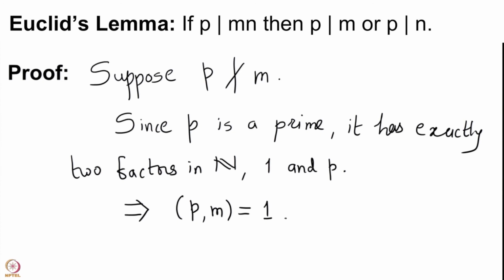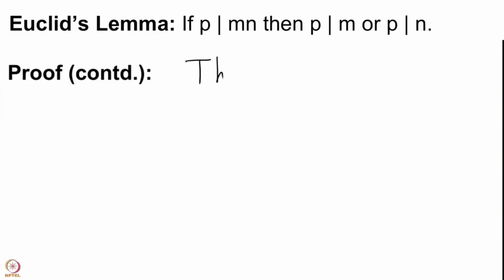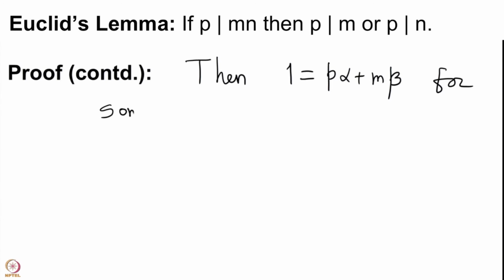but if 1 is the GCD of p and m, we should be able to write 1 as a linear combination of p and m. So, then 1 is p alpha plus m beta for some alpha beta in Z. Alright. Now what do we do?